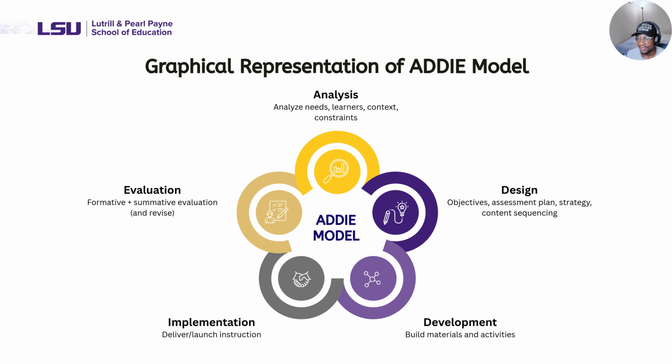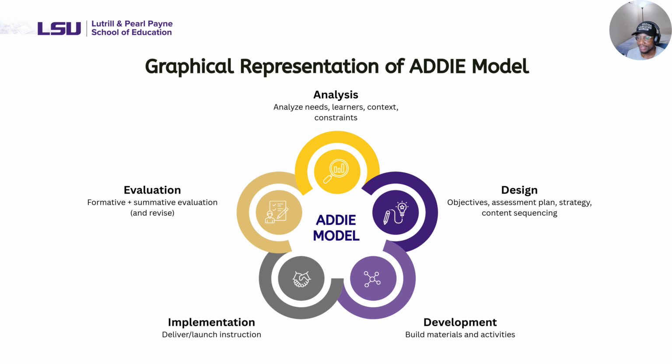So in this phase, there is the need to define the course learning objectives, assessment plan, strategy, and content sequencing. The third, which is development, requires that you create and assemble the course materials. So that is building materials and activities because learning cannot happen in a vacuum.